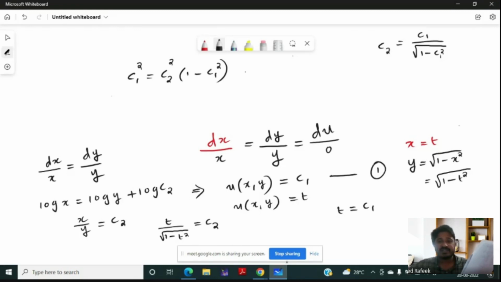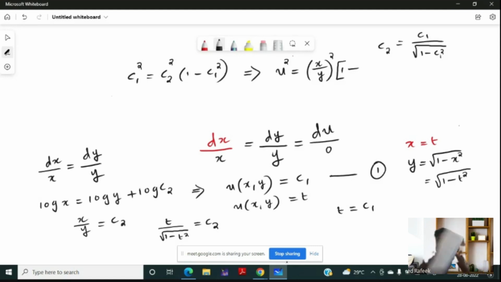Which implies, already c1 is u, so u square is equal to c2 square, where c2 is x by y. So u square is equal to x by y whole square into 1 minus u square. From this you can find u square.